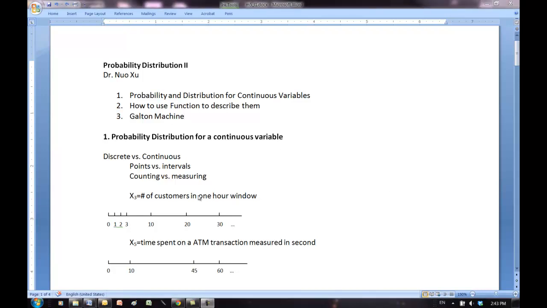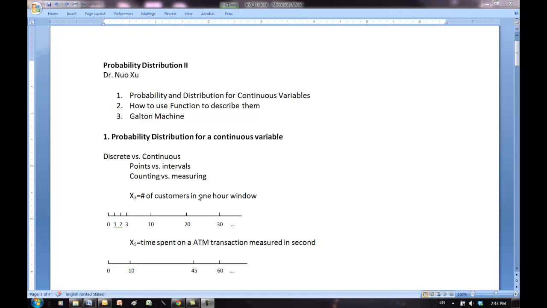We'll now take a closer look at the difference between a discrete variable versus a continuous variable. We will continue our example from last lecture, x3 being the number of customers arriving in a bank in a 1 hour window, whereas x5 being time spent on an ATM machine, an ATM transaction measured in seconds.